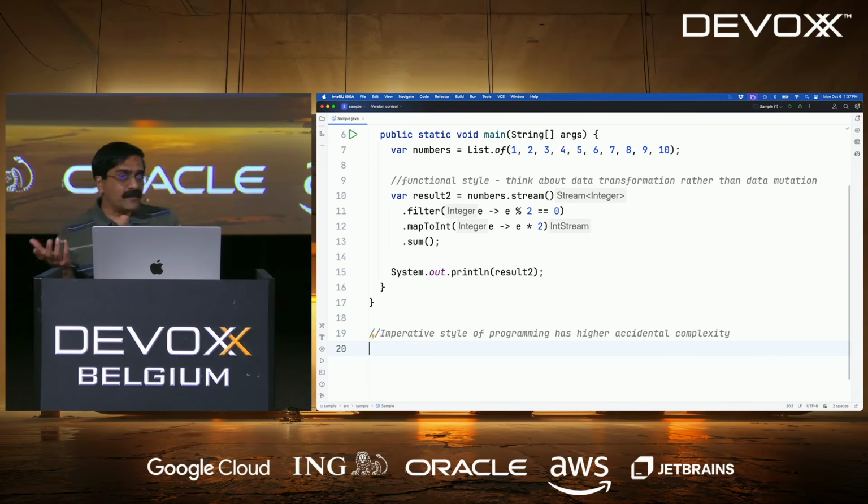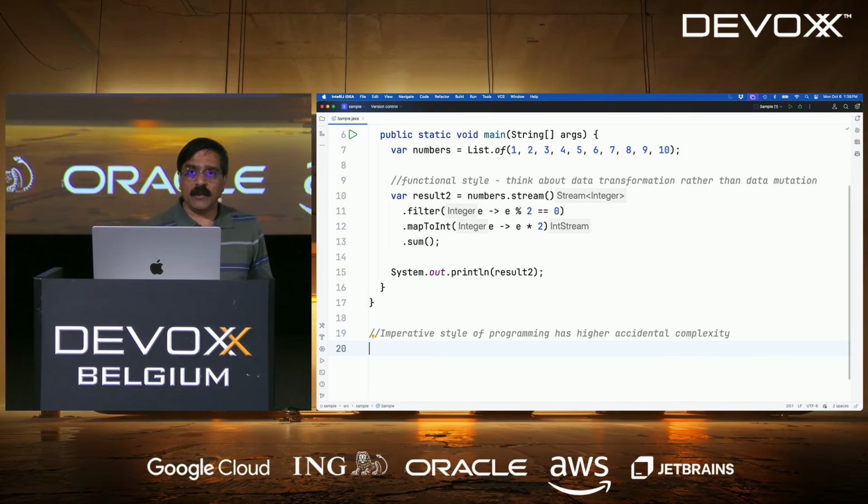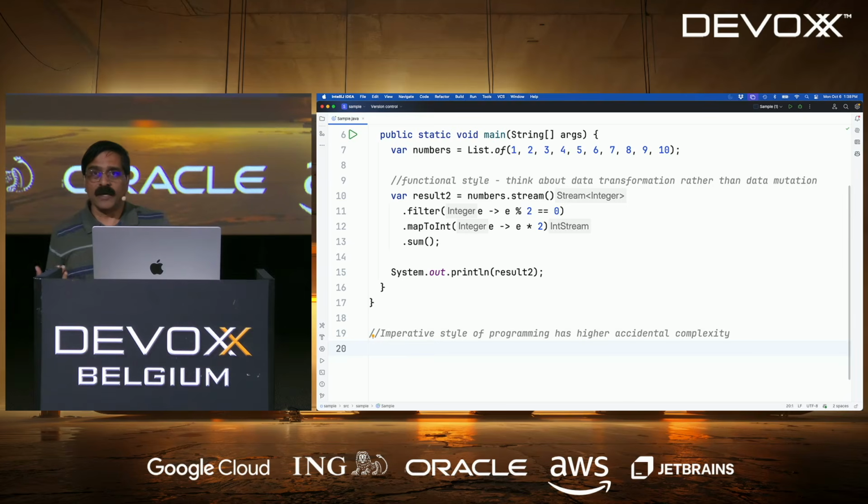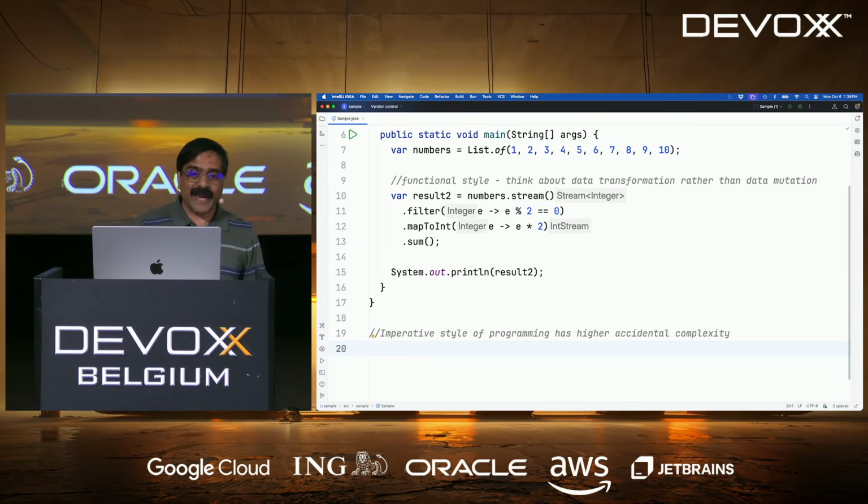There are two types of complexities we often have to deal with. One of them is the inherent complexity. Well, that is from the problem domain, from the application. So if you are writing code for an airline reservation system, or you're writing code for insurance business, or you're writing code for a medical application, or worst of all, the tax applications, right?